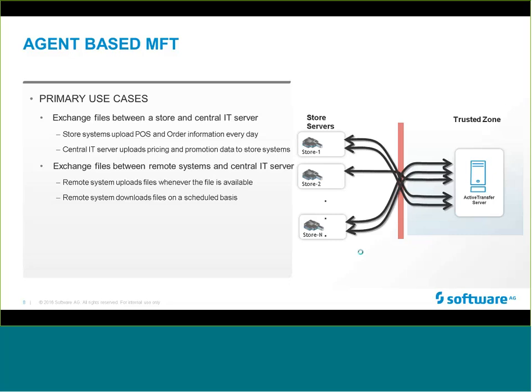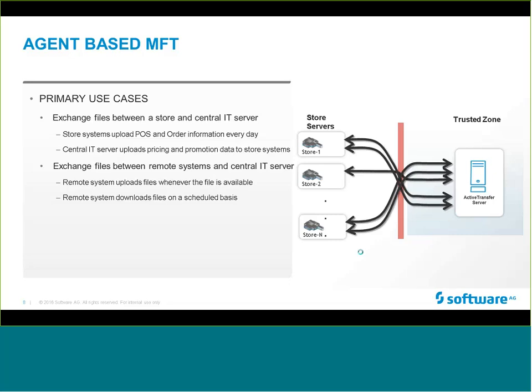In a store example, every time a transaction is done, you're gathering point of sale data, POS data. You may also want to know the latest inventory information in the stores. On the flip side, the stores need to receive the latest pricing data and the latest promotions data, which typically comes from the central IT server.